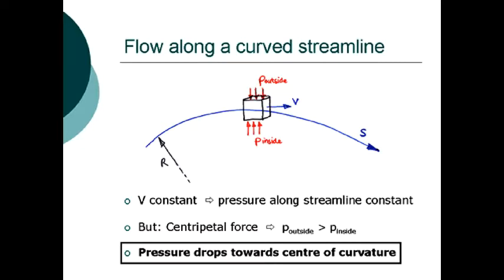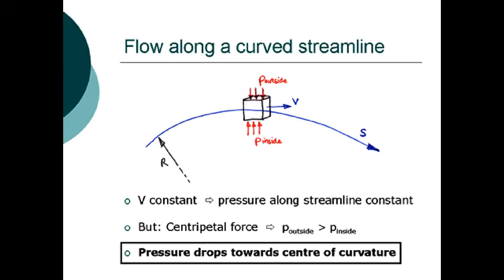So if we imagine a streamline that is curved, like this, say it has a radius of curvature, capital R, and now again we look at a fluid particle. Just for the sake of argument, it's actually not important, but just to prove that you've learned something, or I hope you have: if that particle travels at a velocity v, and if that velocity v is constant along the streamline, then what can you immediately conclude about the pressure along the streamline?